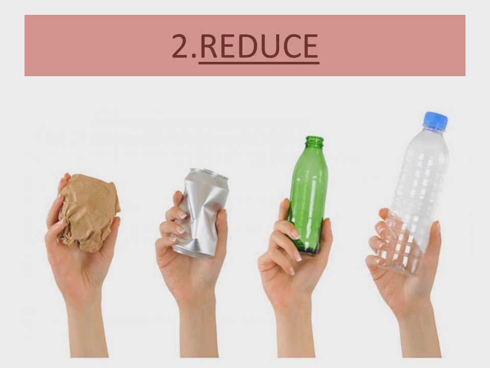Because when we are using a plastic water bottle we are throwing it in the dustbin. So this is making a lot of waste and making our area dirty. So some things are there we should use less. So this comes in the reduce column.